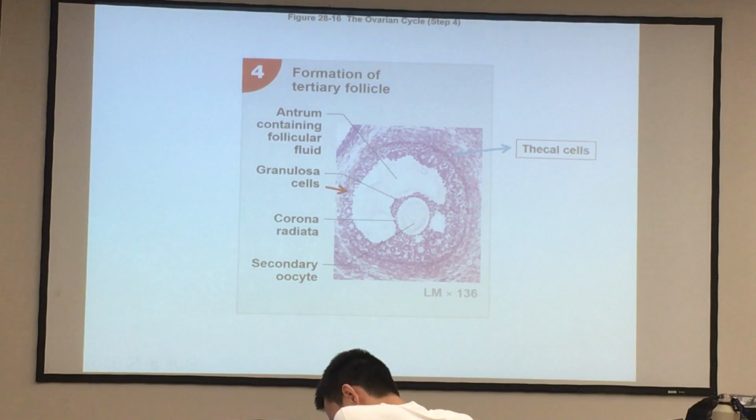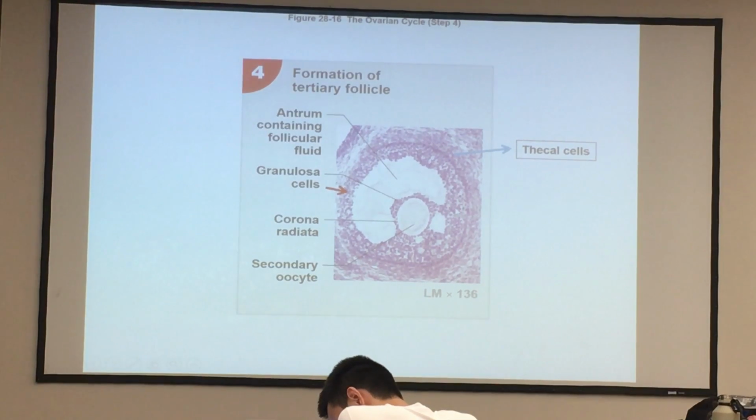And this one they form a cavity, okay, the tertiary, and the egg here, oocyte, or we call secondary oocyte, because not mature yet. Then surrounding the egg, inside the follicle, is granulosa cell, and theca cell is outside. And they are all endocrine cells that produce estrogen and inhibin.